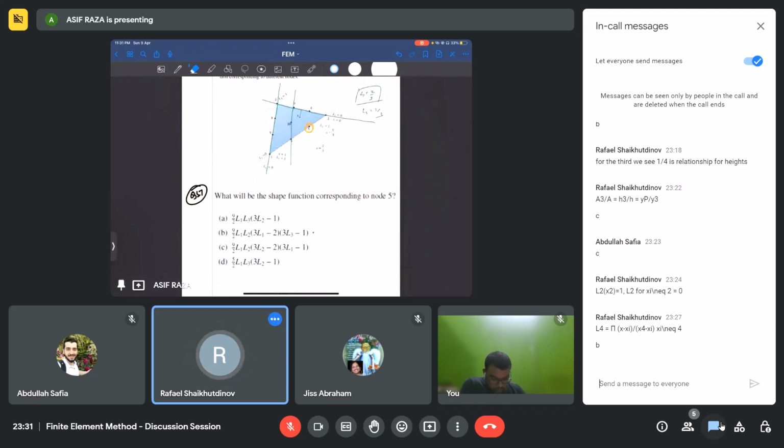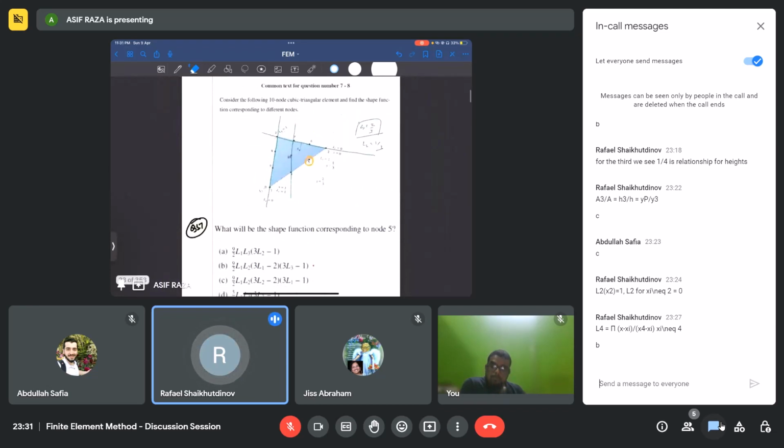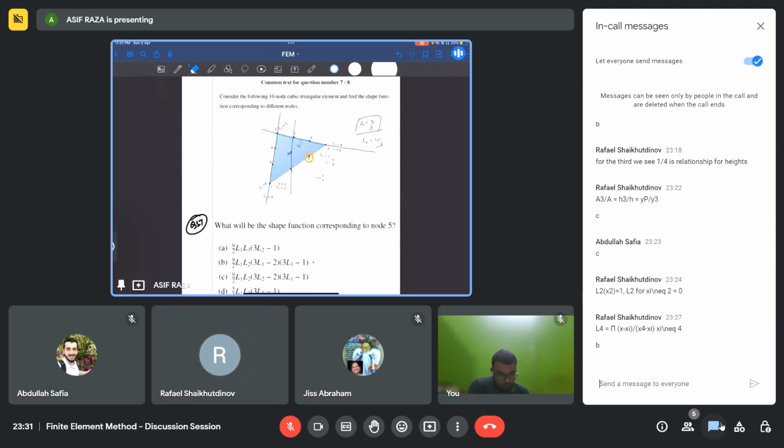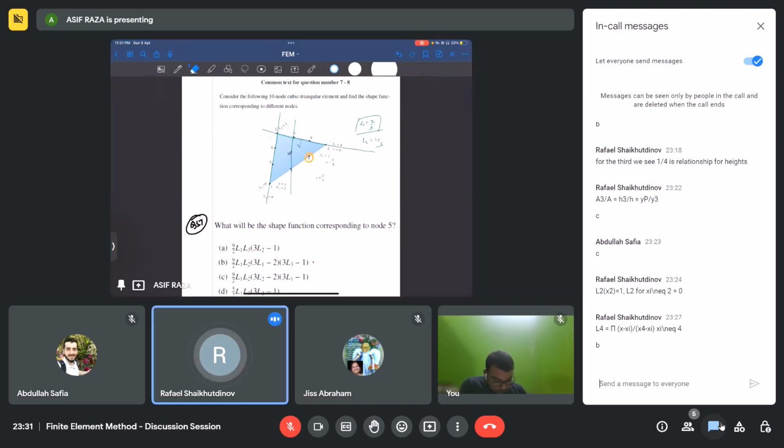If we are using L2, it will be enough for me. I feel the answer should just involve L1 and L2: L1 equal to 0, L2 equal to 0, and L2 equal to 1/3. No, this is not correct.